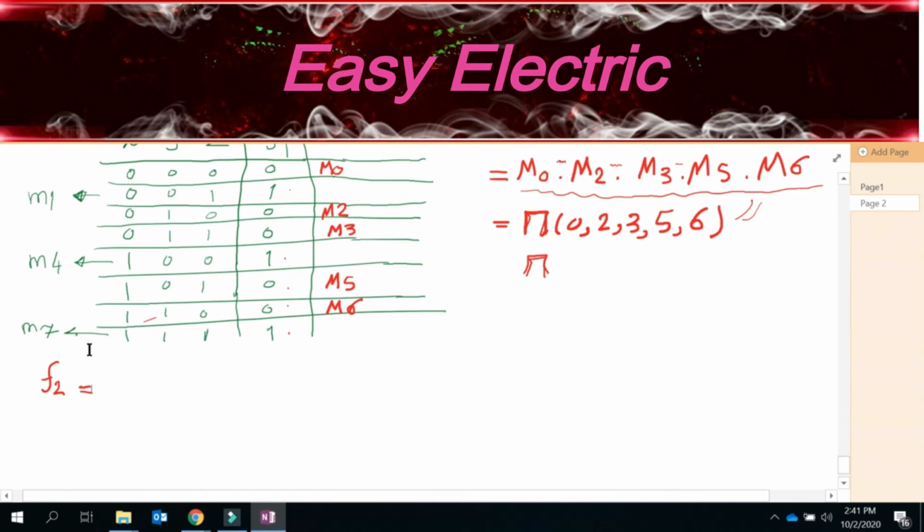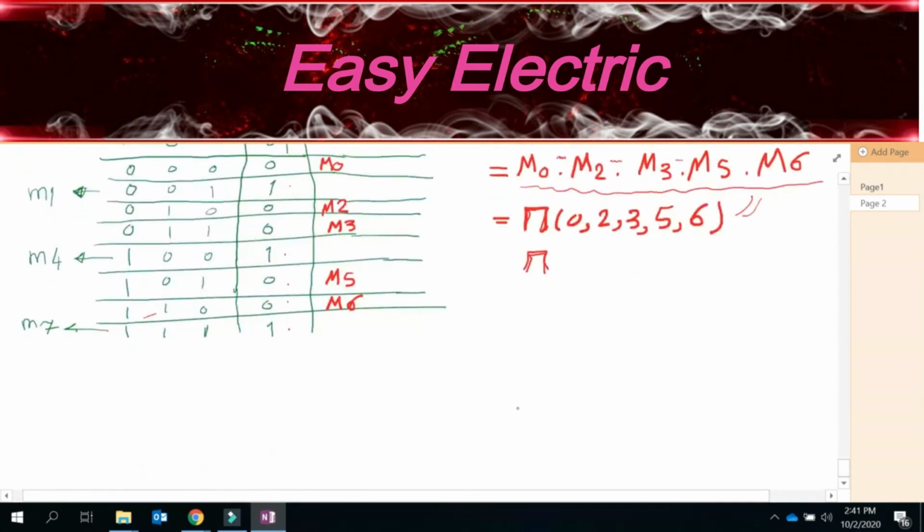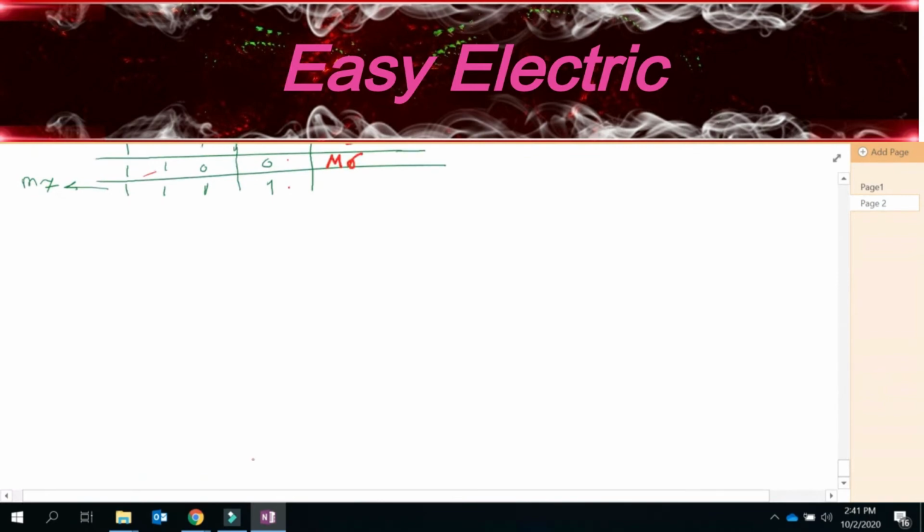Let's do the opposite of that, because we did this here. Suppose you have a function and you have the truth table of the function. Let me give you a truth table, and you give me the function. The function name is f2, and this is a truth table for that.